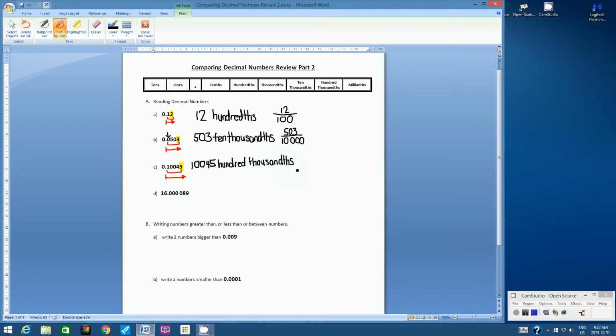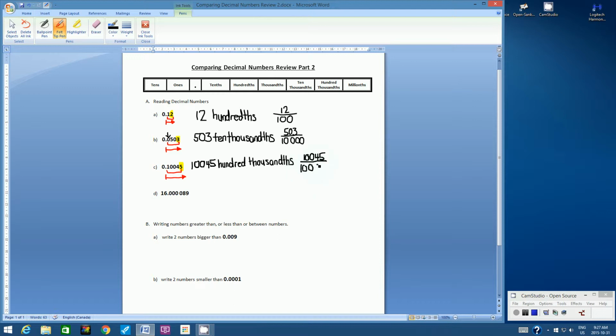All right, how would we write this answer as a fraction? So again, a fraction has two parts, numerator and denominator. The numerator is the number we read after the decimal, 10,045. And then the denominator is simply the place value of the last digit, which is 100,000ths.